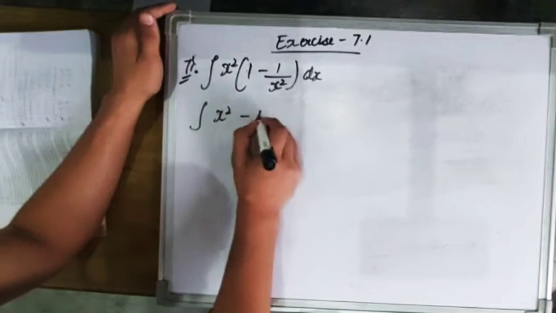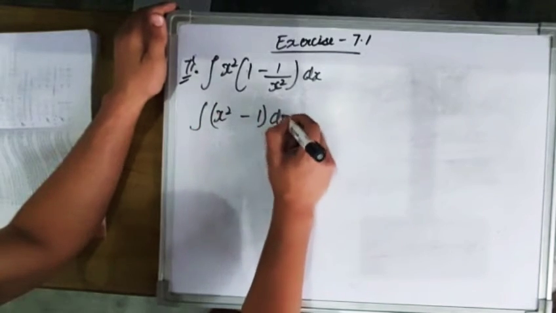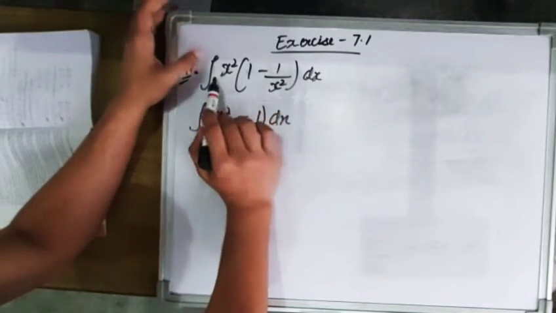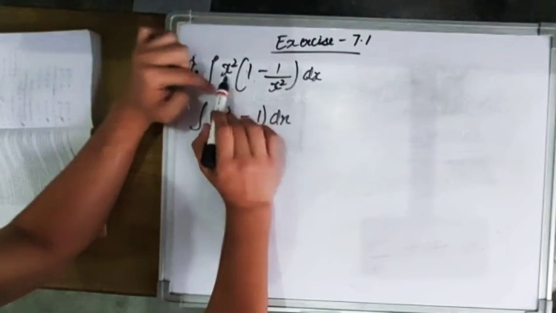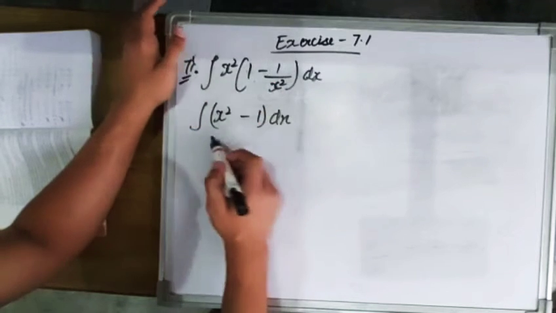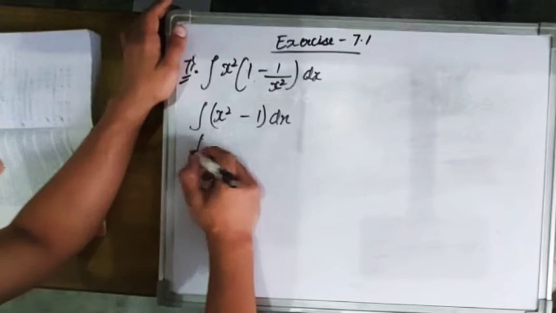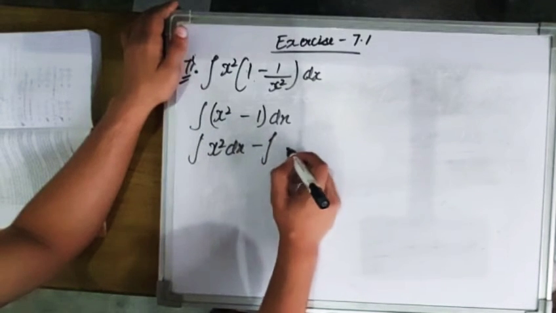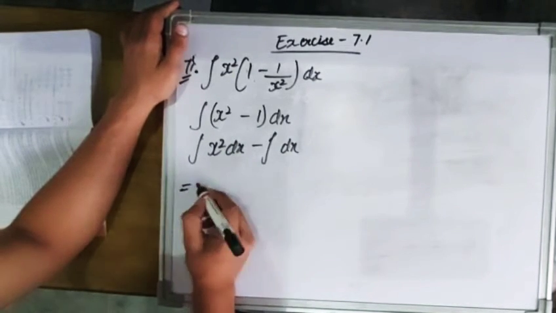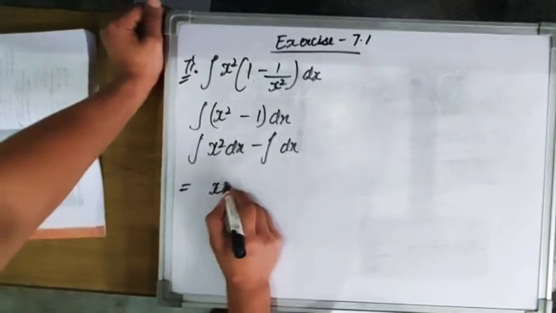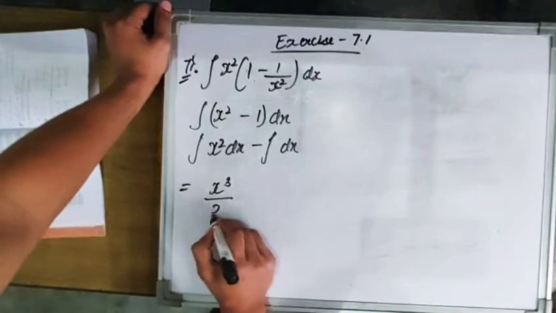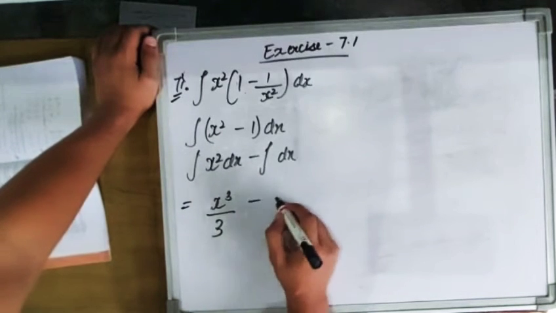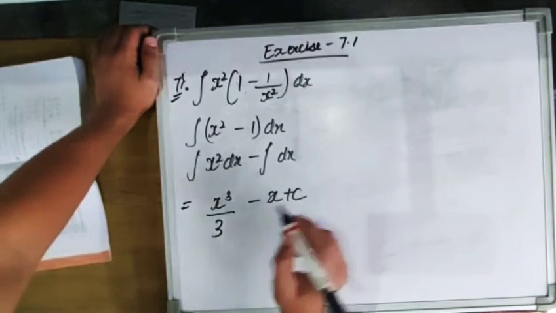I have multiplied x square with the 1 and x square with the minus 1 upon x square, so we get x square minus 1. Now we have the integral of x square dx minus the integral of dx. We have the integral of x square as x cube upon 3, and the integral of minus dx will be minus x, plus c. This is our seventh question.